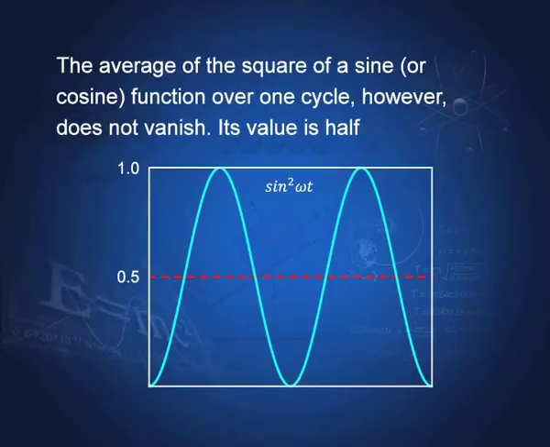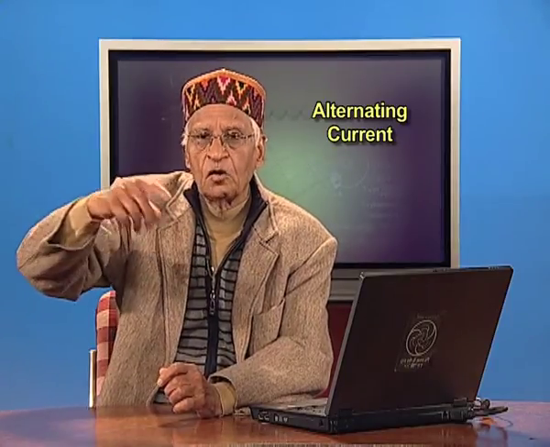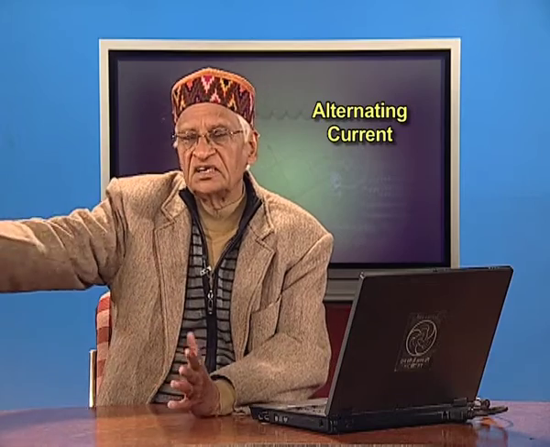So, the average of the square of a sine or cosine function over one cycle does not vanish; its value is half. You can in fact see that by integrating sin squared omega t. The average will be 1 by 2 pi times the integral of sin squared omega t dt. You can easily verify that it is equal to half.